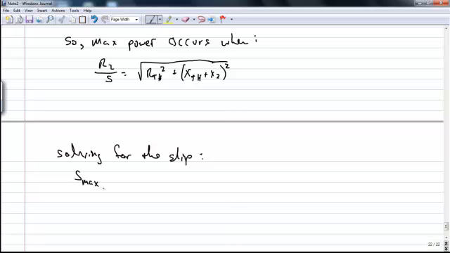What we will call S max, the slip at which max power occurs, is equal to R2 divided by the square root of RTH squared plus quantity XTH plus X2 squared. Notice that the slip of the rotor at maximum torque is directly proportional to the rotor resistance.